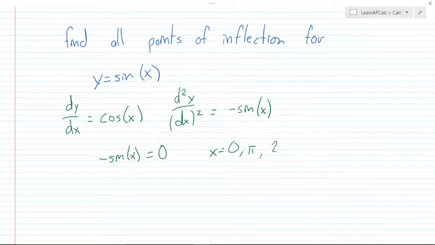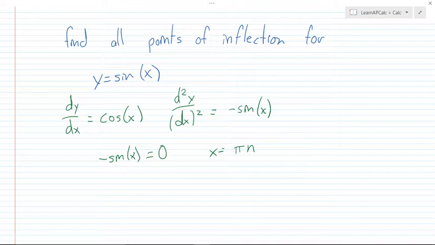And also at 2 pi. But it would also equal 0 at 3 pi and at negative pi. So we can actually say that x equals pi n, meaning that for any number n times pi, the sine of that will equal 0.